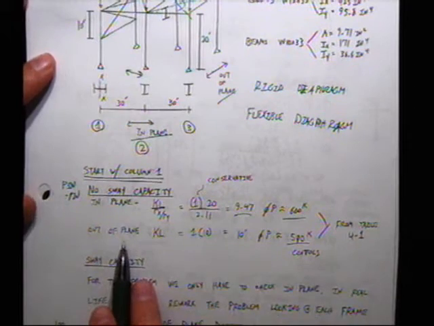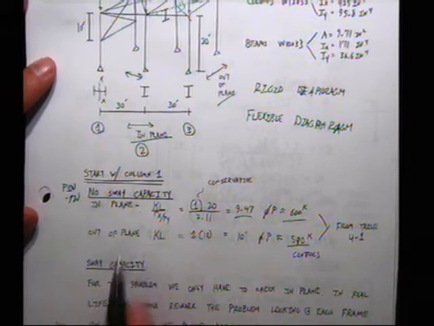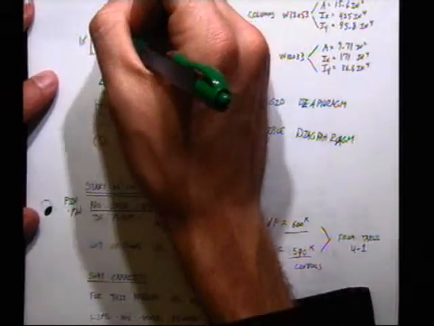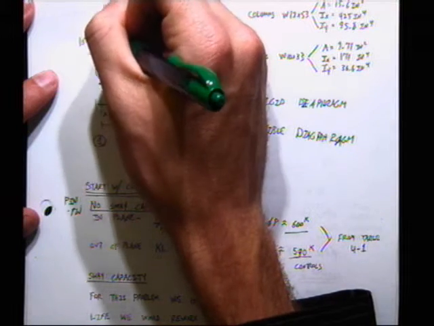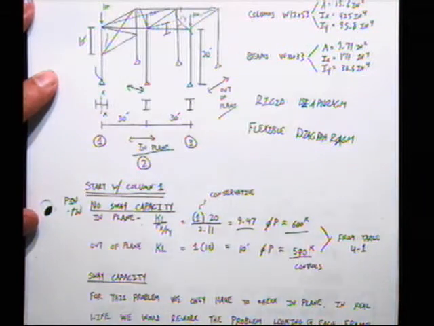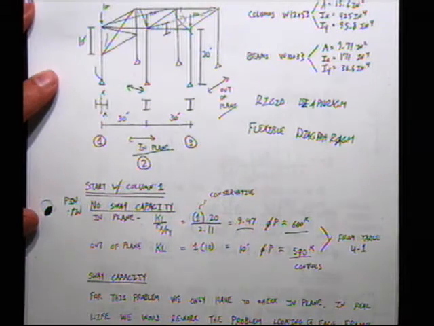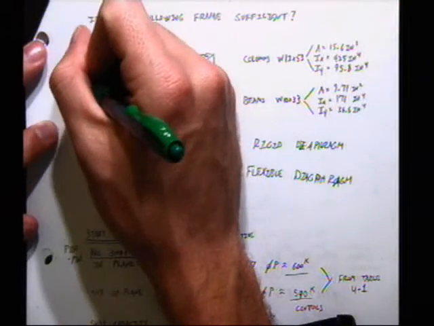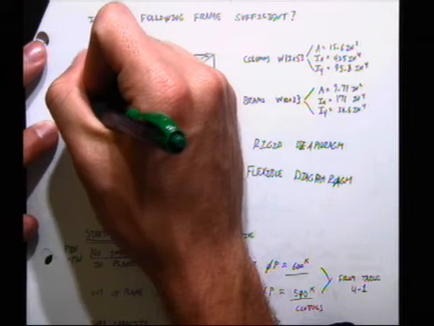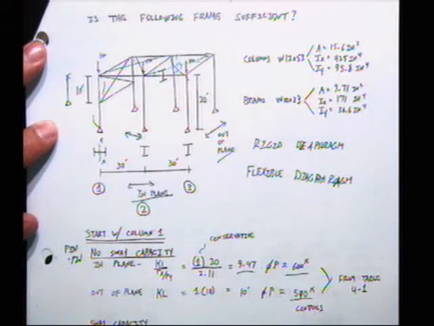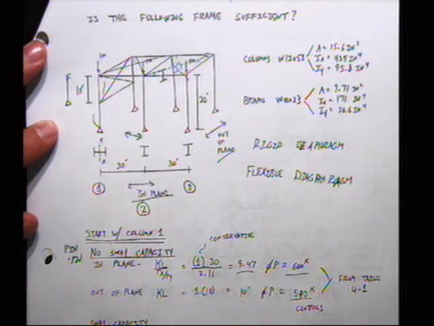Now I look at it out of the plane. I'm going to take the conservative route that we talked about. I'm not going to use the alignment chart because, remember, I might need that stiffness for something else. So I'm going to imagine that this is just a pin column at the top up here, with K equal to 1 and L of 10.